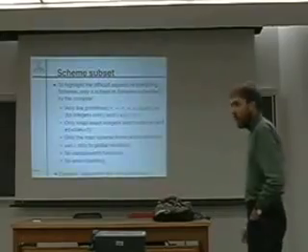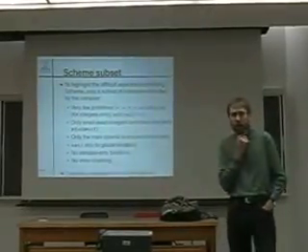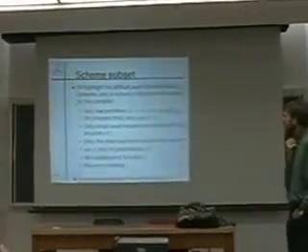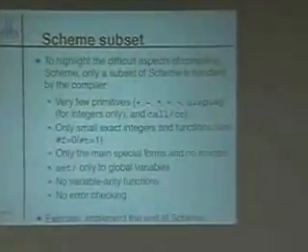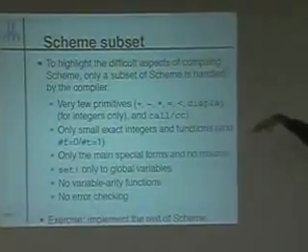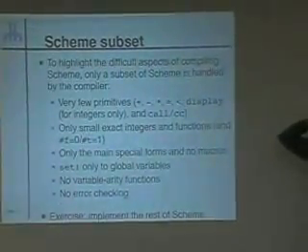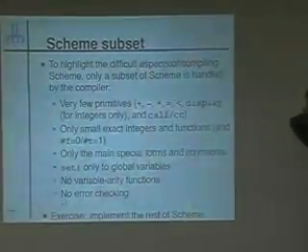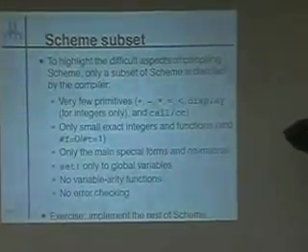So here is the Scheme subset that is targeted by the compiler. In order to highlight the difficult parts of writing a Scheme-to-C compiler, there are a bunch of things that are basically left out. So there are very few primitives supported by the compiler.